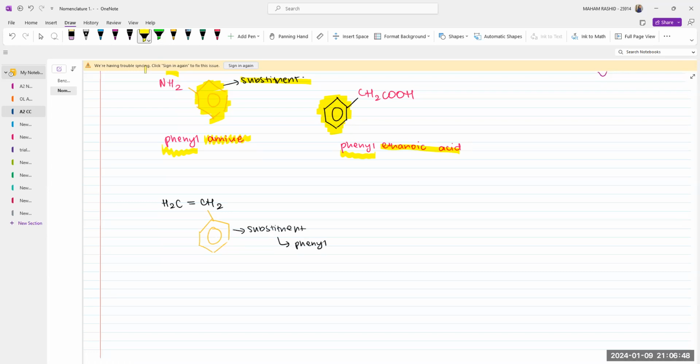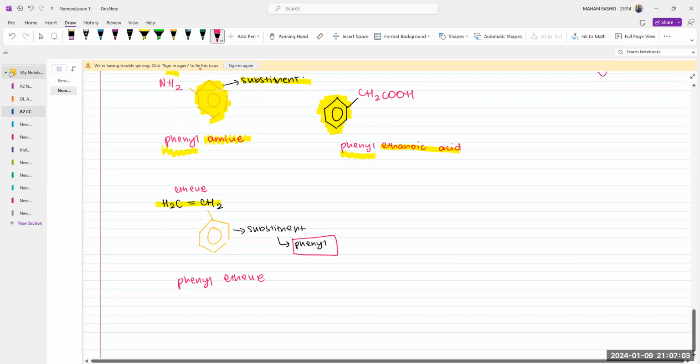So my root name will be my alkene, which is here ethene, right? So my root name is ethene, and I will add my substituent, which is phenyl, right?